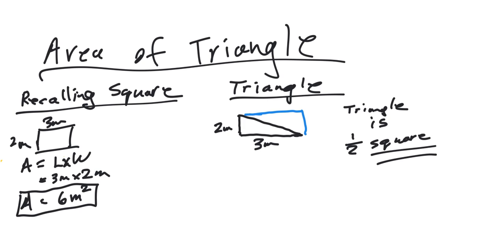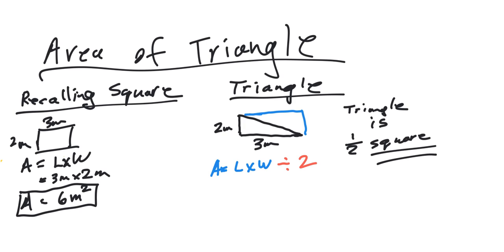So if that was the case, then we start with A is equal to length times width, but then at the very end, we must divide by 2 since it's only half of the information that we had for a square.